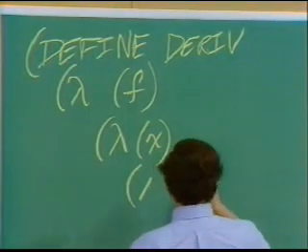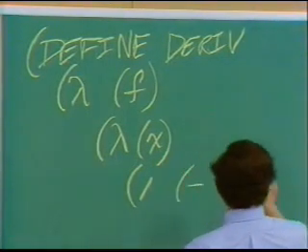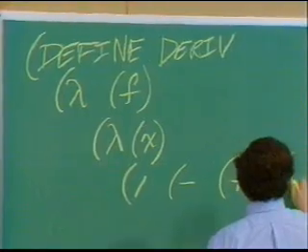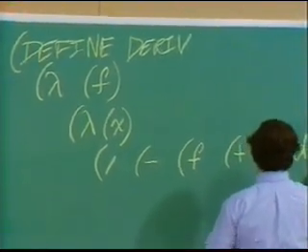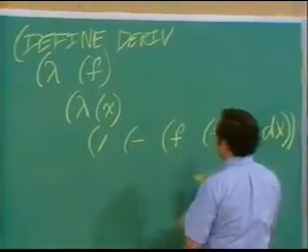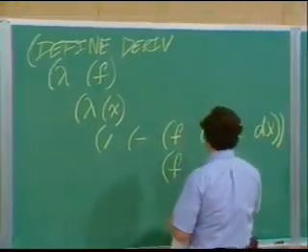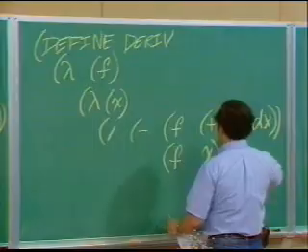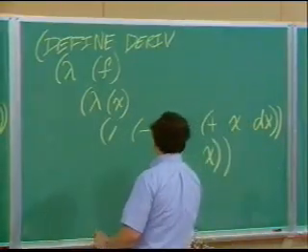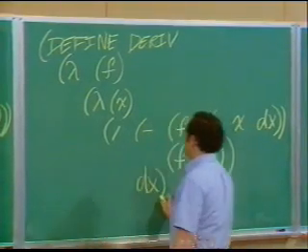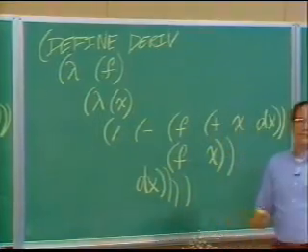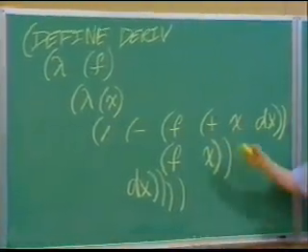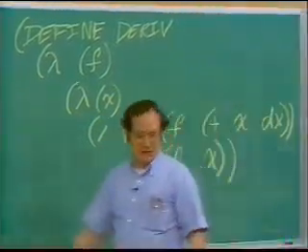So that's the quotient of the difference of f of the sum of x and dx minus f of x, divided by dx.